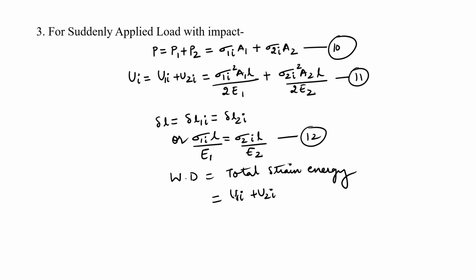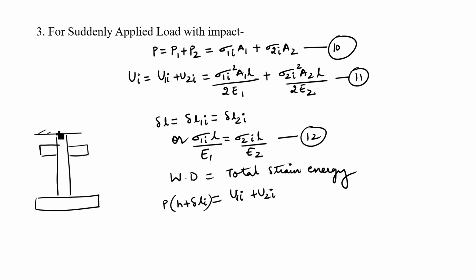Now let's talk about the work done with impact. If you recollect the formula a bit, here the formula was P into h plus delta Li. The reason is for suddenly applied load with impact, if this is the collar on which the load is applied and the load is at some height over here. Say the end is fixed and at some height you have your load and it suddenly falls from here to here.